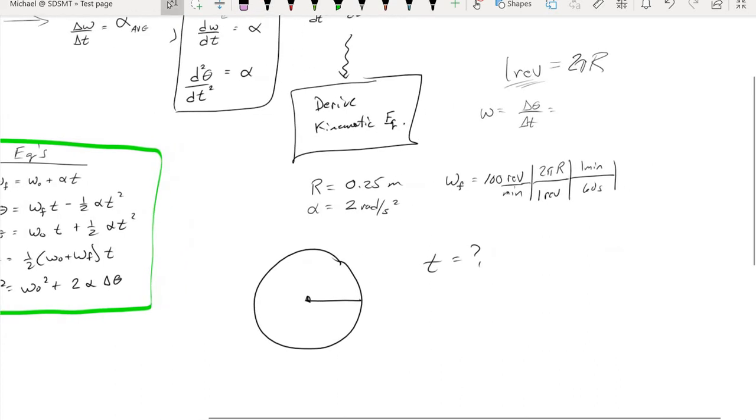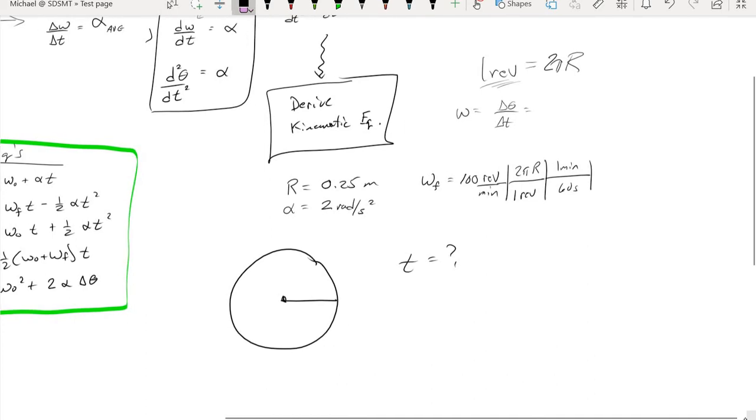And I apologize, I have made a mistake here. This value up here is the arc length expression, and that's not what we need to be using. We need to be using the angle that is passed through when we go through a full circle, and that's just 2 pi. So my apologies there. I was getting ahead of myself.